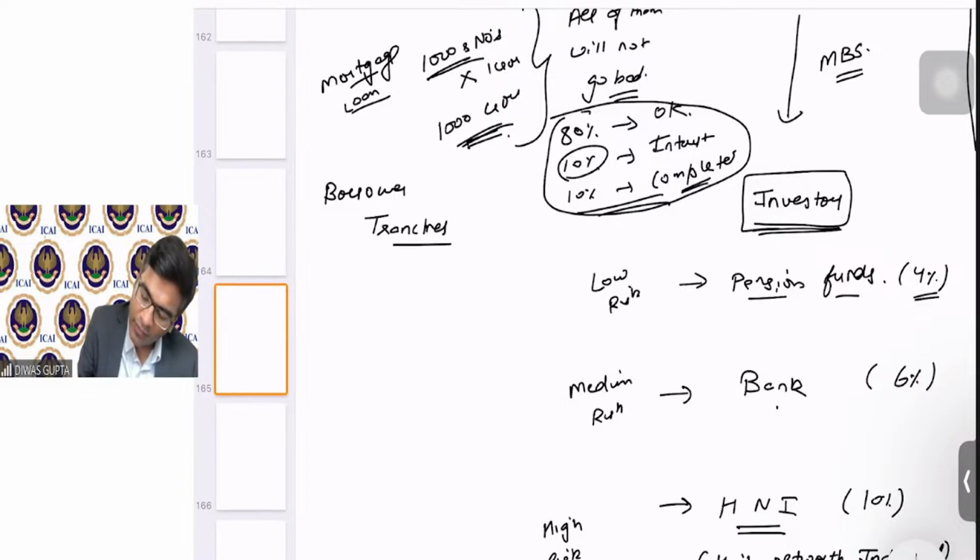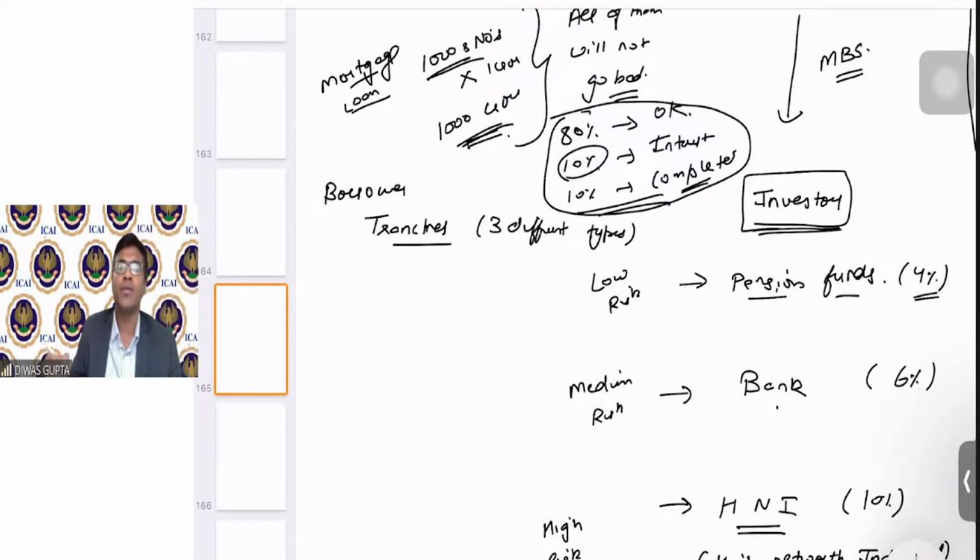Tranches mean types; there are three different types. First, it will say senior. This tranche is called the senior tranche. This means that seniors will get a minimum, fixed return of 4% without assuming any risk.